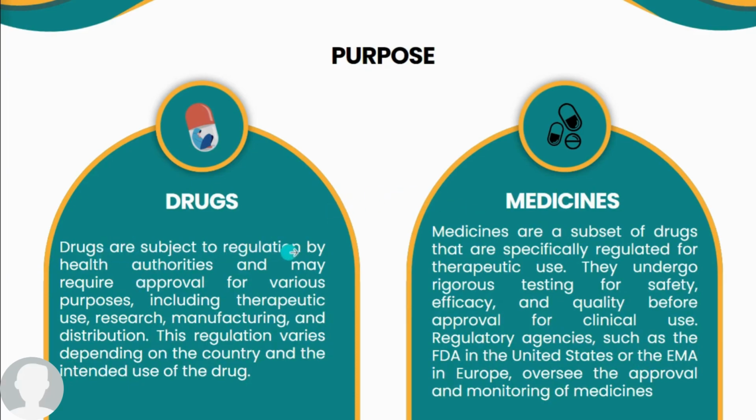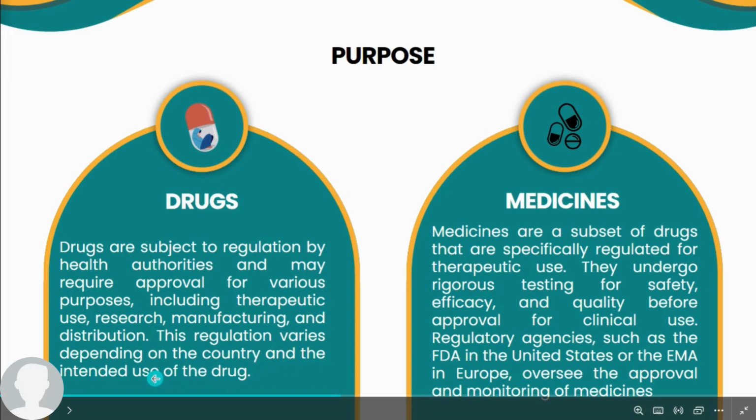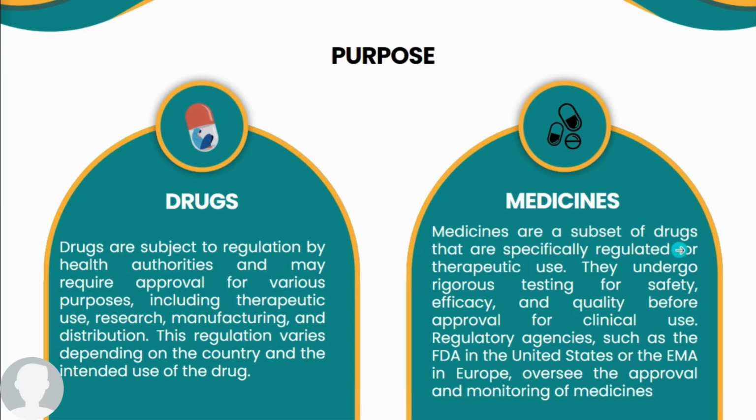Drugs are subject to regulation by health authorities and may be regulated for purposes including therapeutic use, research, manufacturing, and distribution. This regulation varies depending on the country and the intended use of the drug. Medicines are a subset of drugs. Very important: medicines are the subset of drugs that are specifically regulated for therapeutic uses.